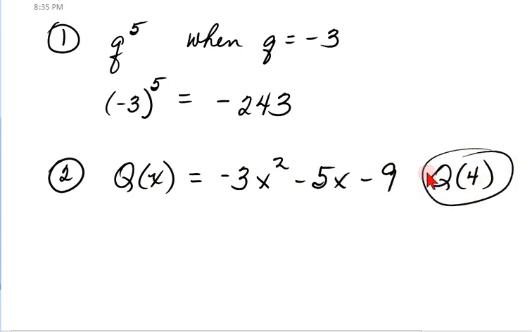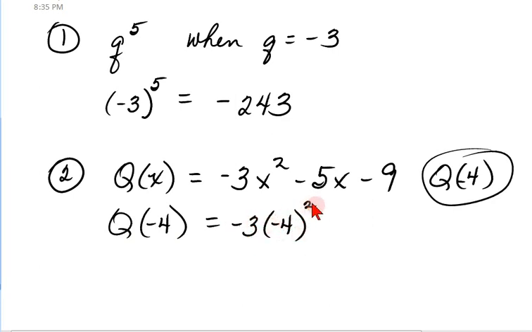So Q of -4, what does that statement tell me to do? Replace the x with -4 everywhere you see an x. So it's -3 times (-4) in parentheses squared minus 5 times -4 minus 9.